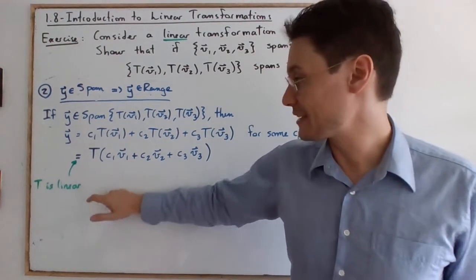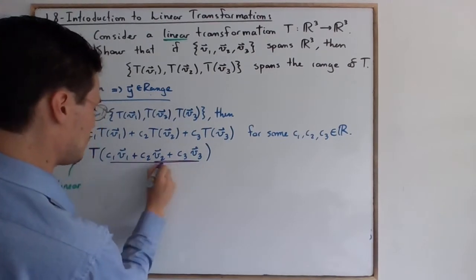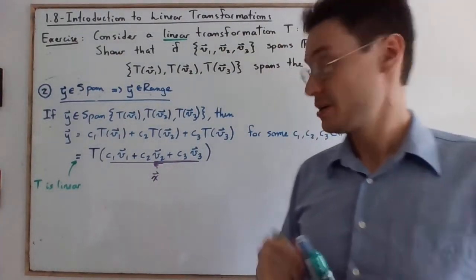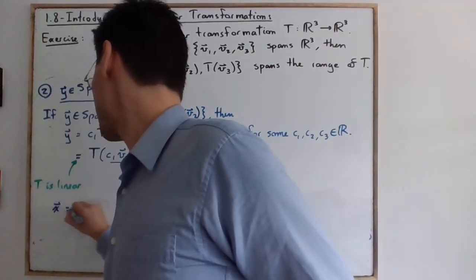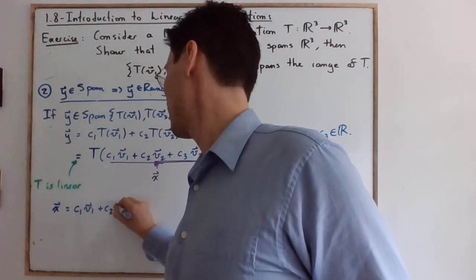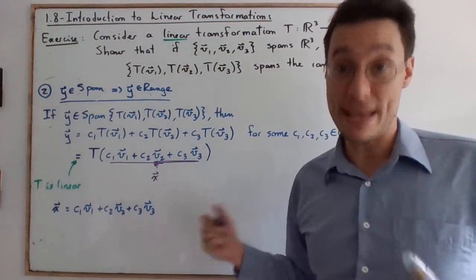I will call that vector x. So x, which is equal to exactly this vector, c1 v1 plus c2 v2 plus c3 v3, is a preimage of y.